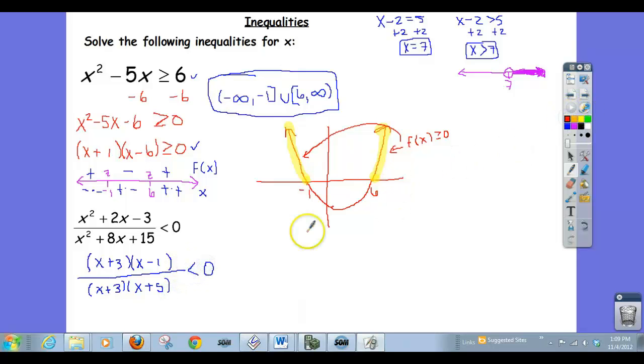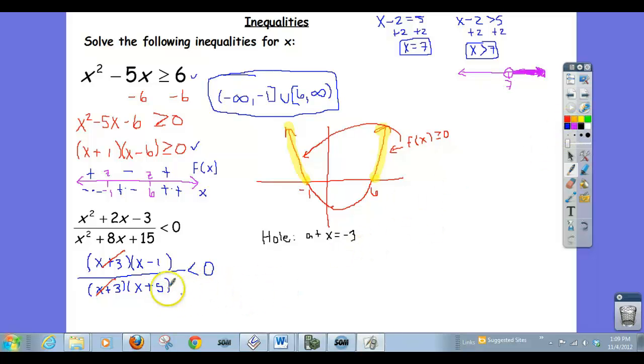Okay, and so now notice that the x plus 3's divide, which means that I have a hole at x equals -3. Again, we're viewing this very much as a graph that has a hole at x equals -3.